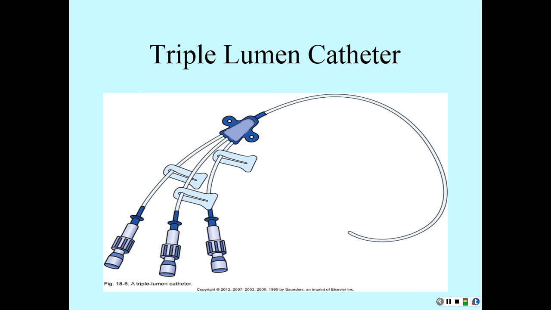Usually your distal one is what we use for blood drawing. The cap is usually brown. And the distal one is usually the bigger of them.